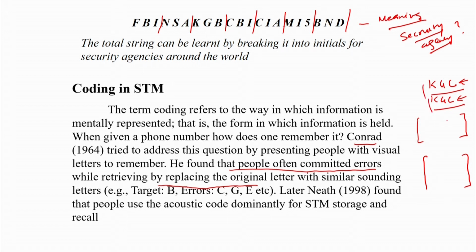When this stimulus was presented auditorily, people made more confusions. K or G was confused more with C. People made more confusions with C, whereas in the visual case, people didn't confuse the letters G and C.